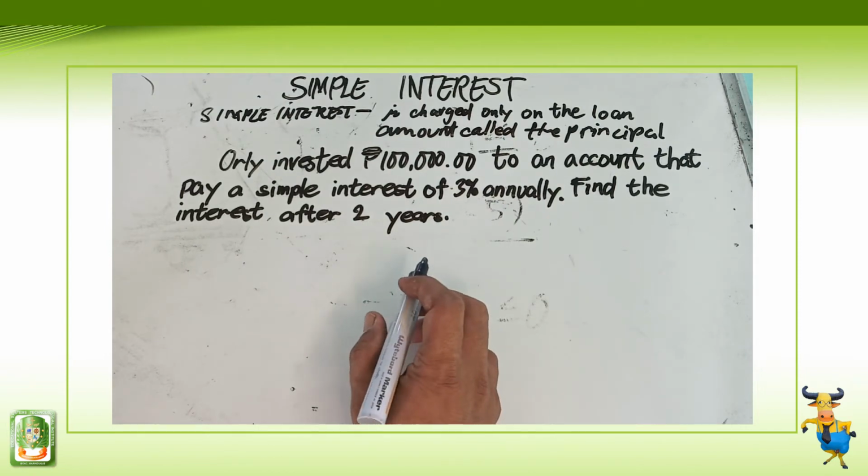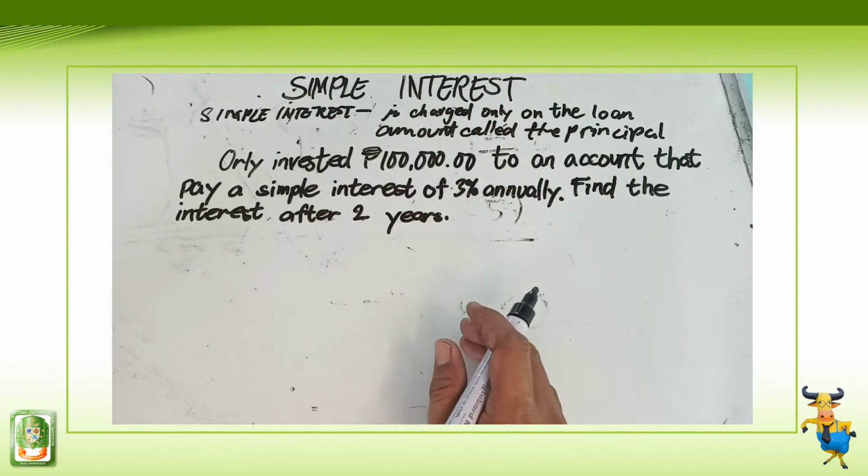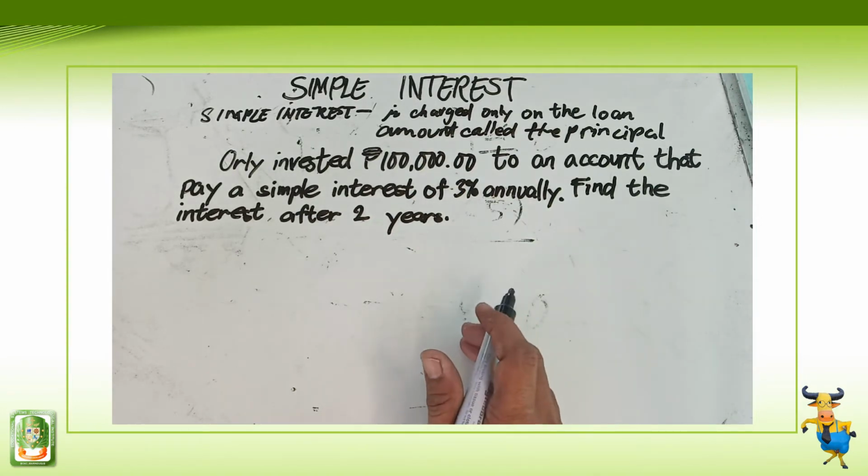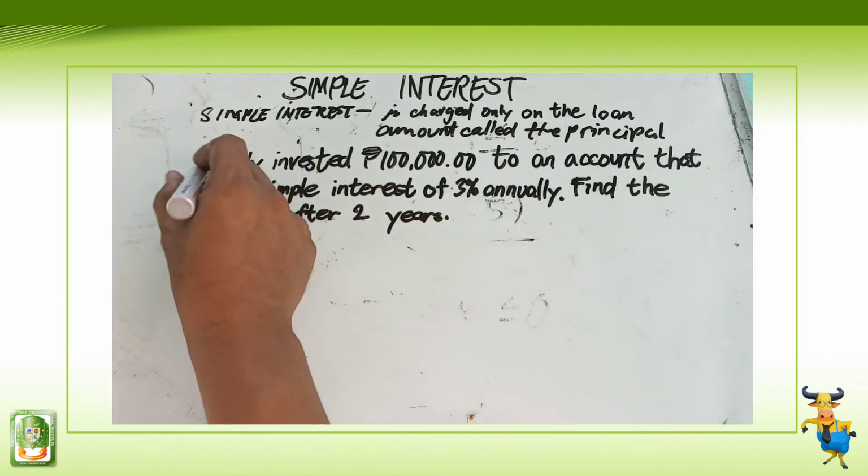Simple interest is calculated by multiplying the principal by the rate of interest by the number of payment periods in a year. Okay, I am going to give an example of how to illustrate the simple interest.